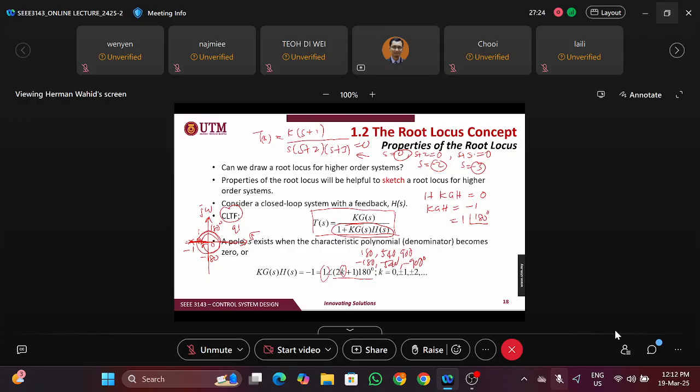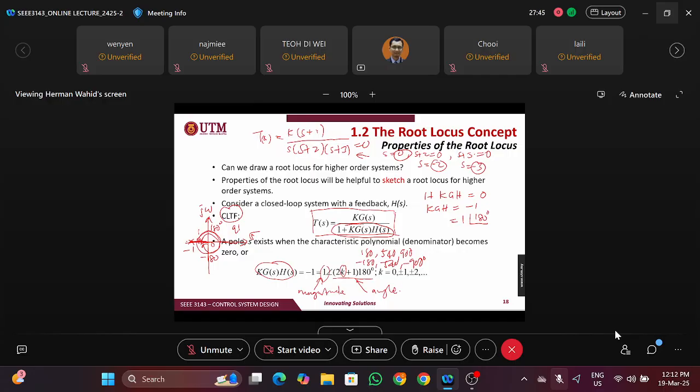From here, we conclude that KGH is comprised of one magnitude and the other part, the angle.